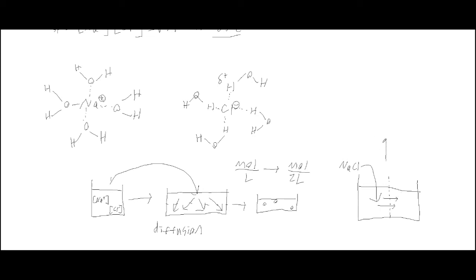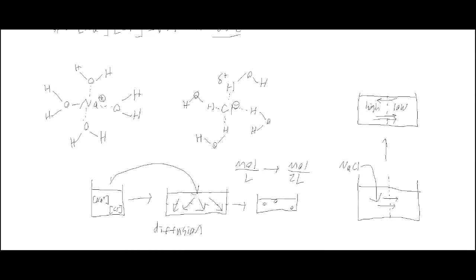Then at some point we're going to get to a place where this has a high concentration of sodium chloride and this has low, and you're still going to have sodium chloride moving across this membrane into this side, but you're also going to have a little bit moving from this side to this side.